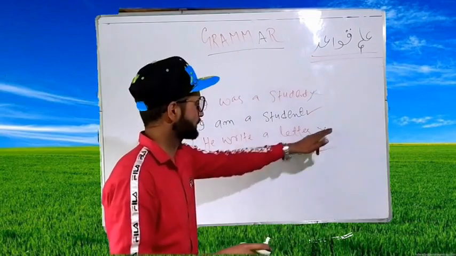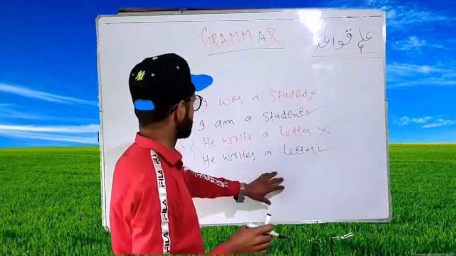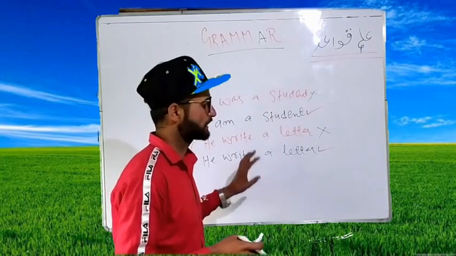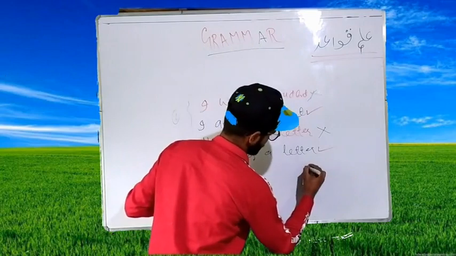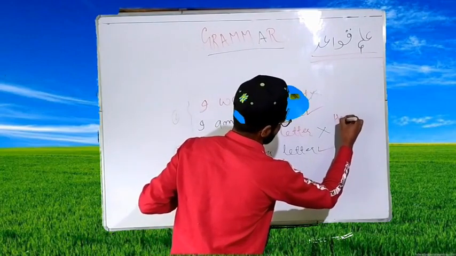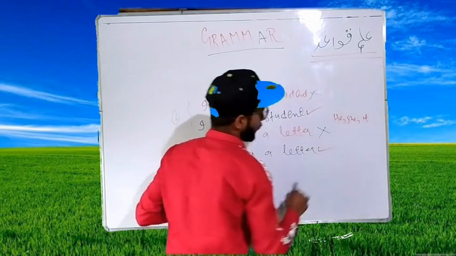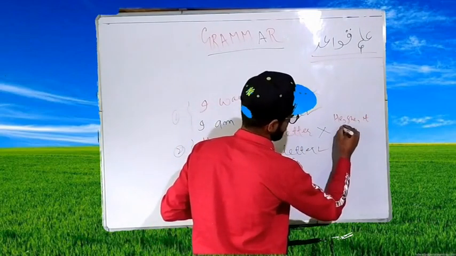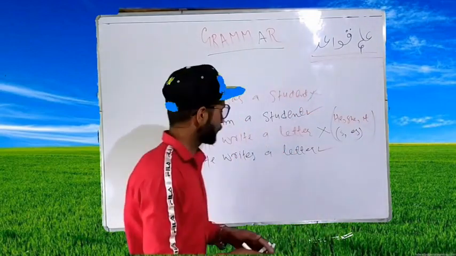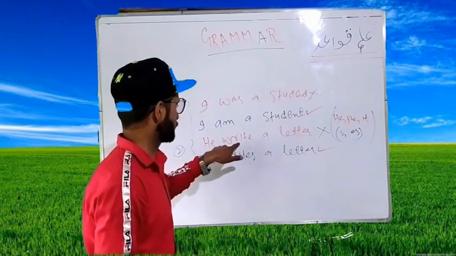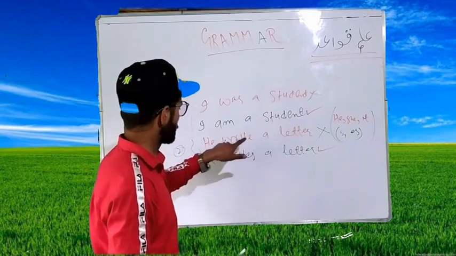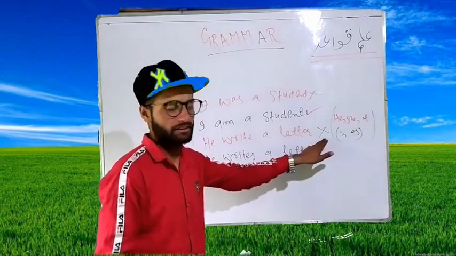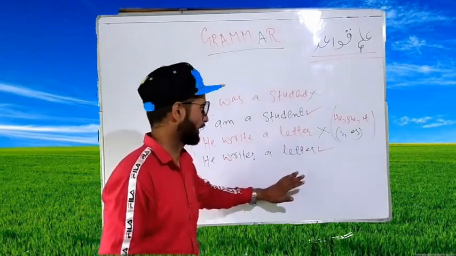Why this one is wrong, this one is right? Because we know that when there are the third person singular noun, that is he, she, it, we should use with these s or es. So here is he. After that we have right here right. So we must use here s or es, that is he writes a letter. That is why this one is incorrect. This one is correct.